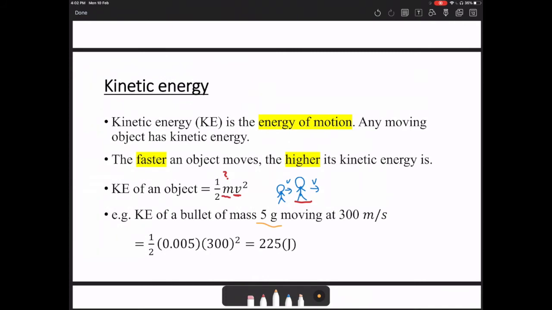So 5 gram is equal to 0.005 kilogram, times v squared. V is 300, so 300 squared. And that will be 225 joule. That means the kinetic energy of the bullet is 225 joule.